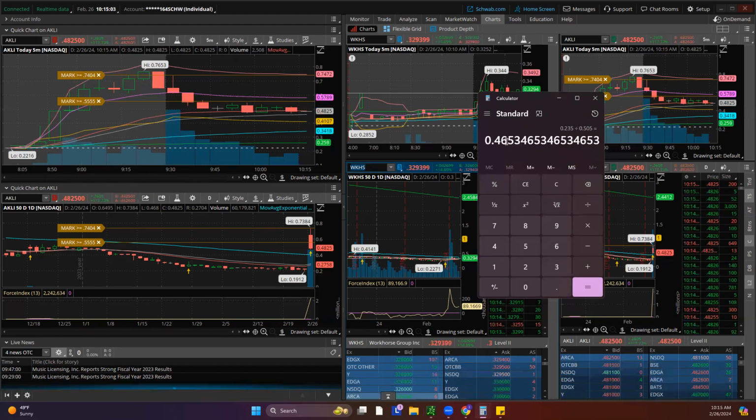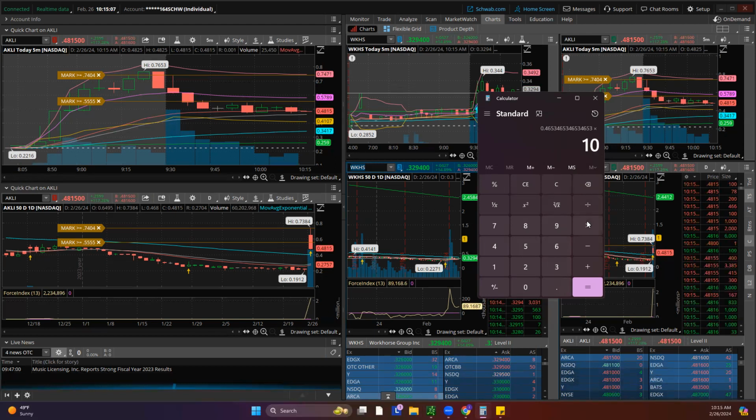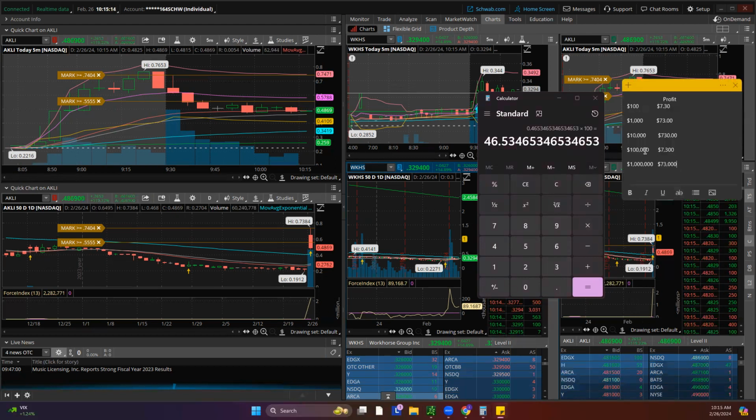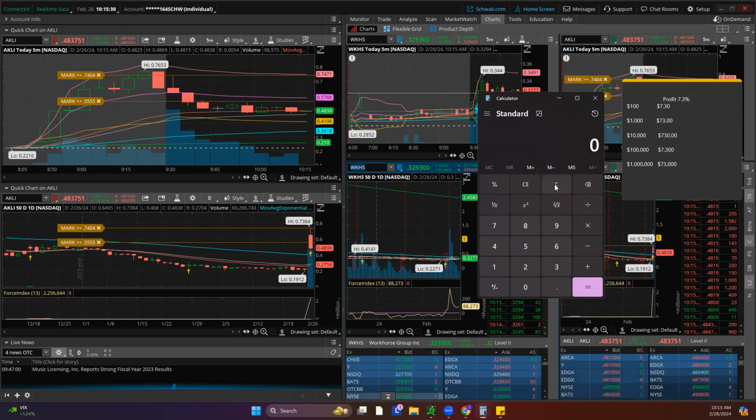Would have made 46.5% gain. So 46.5% gain on 100K. The highest we were up so far was 7.3%. So 100K right here, instead of 7,300, it would have been 46,500.